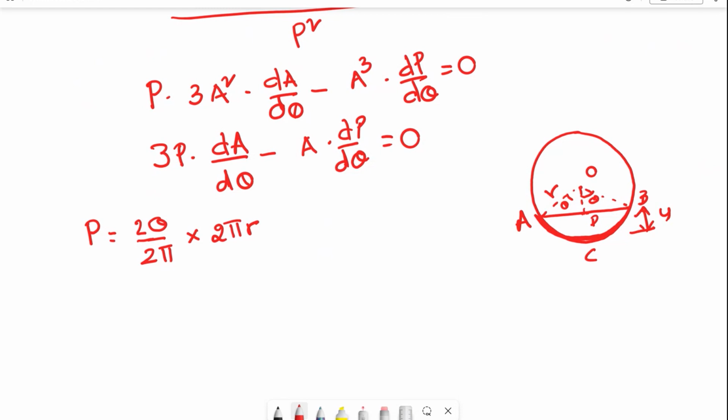This is generally the perimeter for a sector. If I take the sector 2 theta by 2 pi into this, so 2 pi will cancel, so it is equal to 2r theta. This is the first one. Second one, so therefore what is dP by d theta?